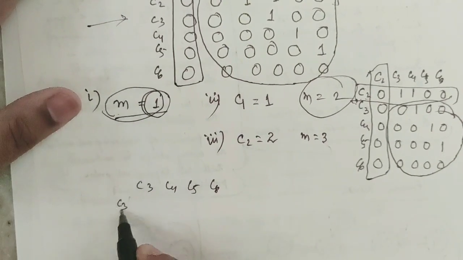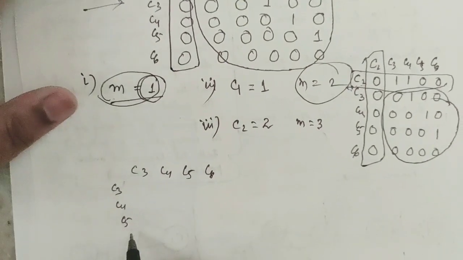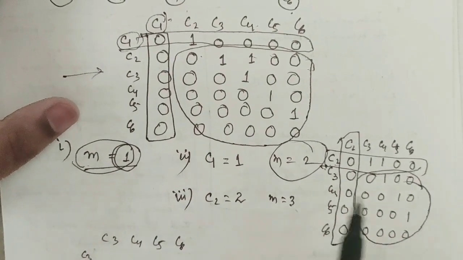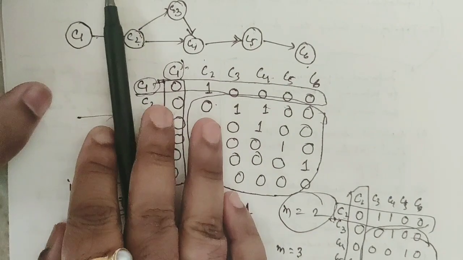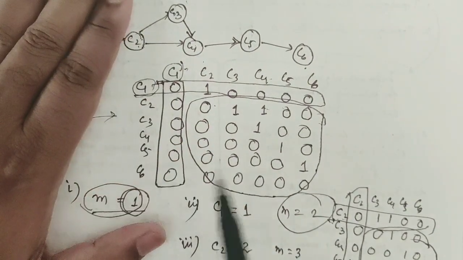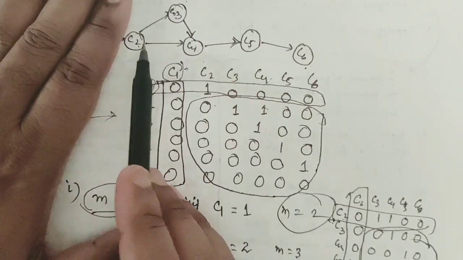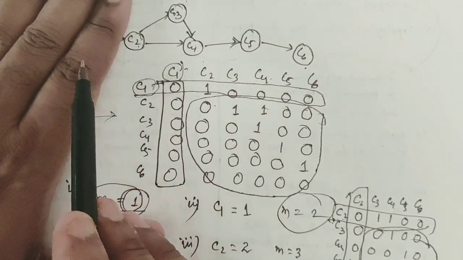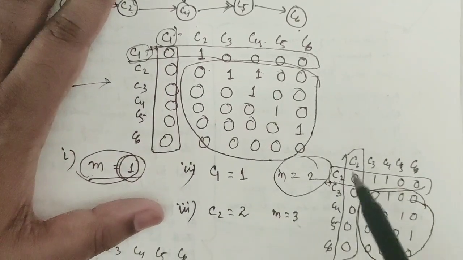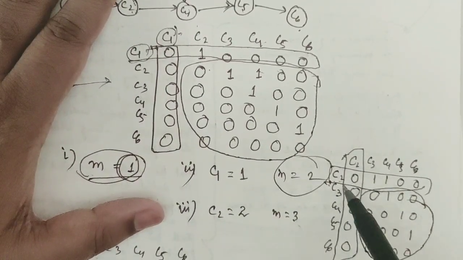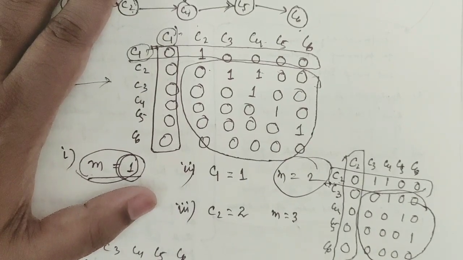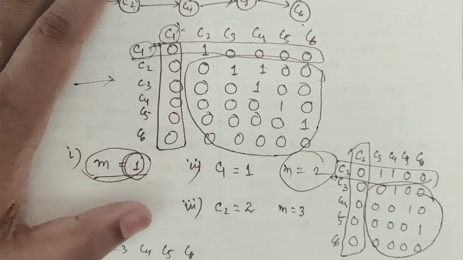If you can recall, after C1 was removed along with its edges, this was the part of the graph. And from the graph it is also clear that C2 has no incoming edges. That implies C2 has no predecessors. And from the adjacency matrix it is also clear all column entries of C2 are 0. So in this way you can determine the candidate vertex for deletion.